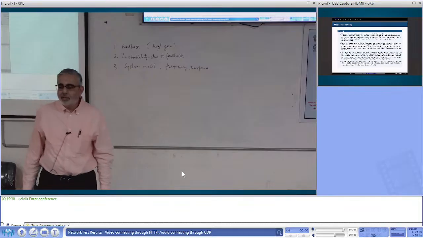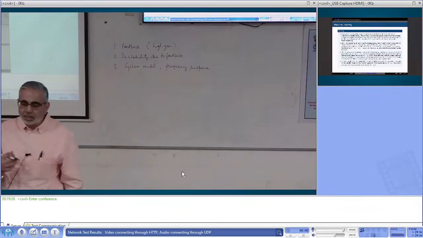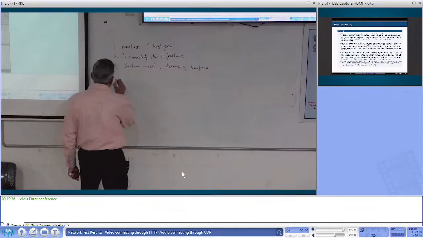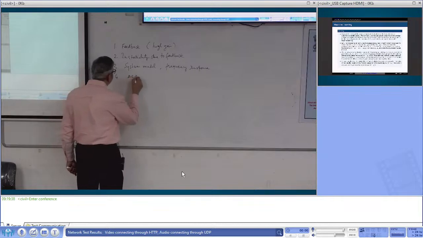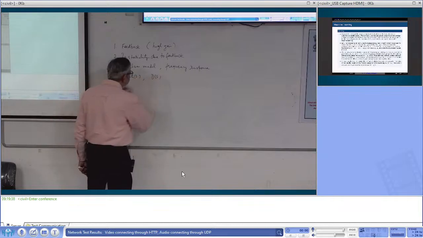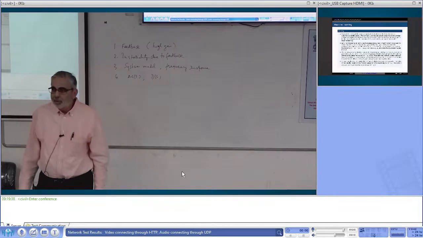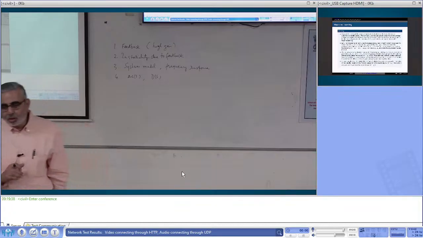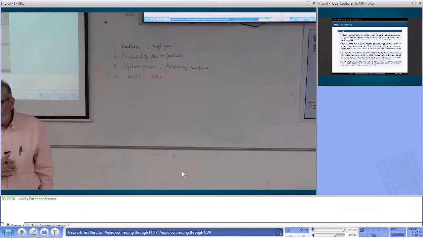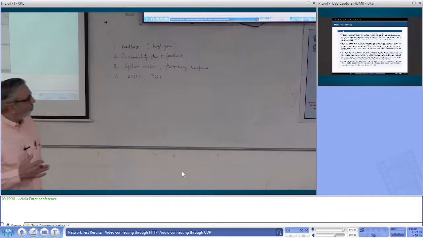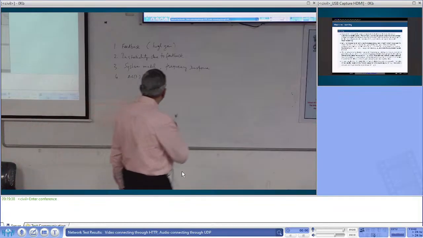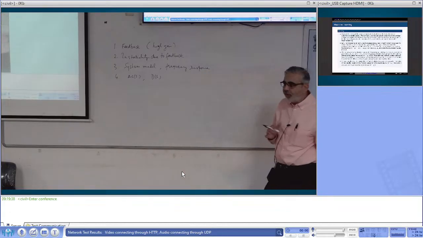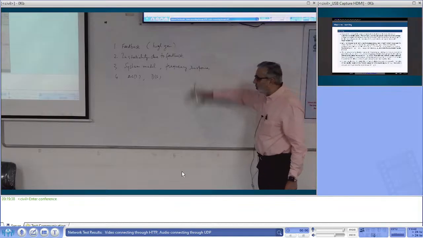You can have many different types of models, but these are logical steps: feedback, instability, system model, frequency response, and then we briefly looked at these two things: system uncertainty or modeling uncertainty, and disturbance. If these two are not there, we don't need feedback. We can do open loop control. Because of these two things, we had all the issues.